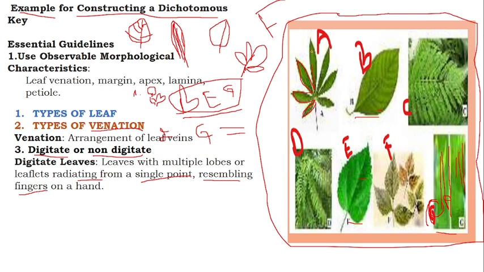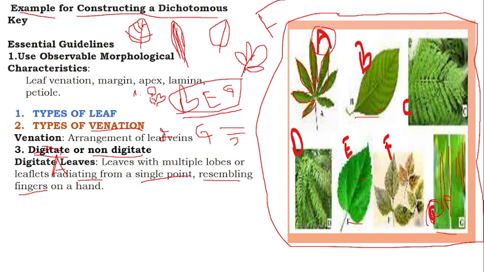They are called digitate rifts. It means a rift can be either a digitate rift or a non-digitate rift. Now when I reach here on the digitate rift, this one, A, is already identified. Point number 3 is to talk about digitate or non-digitate. This one is a digitate rift, which is rift A.